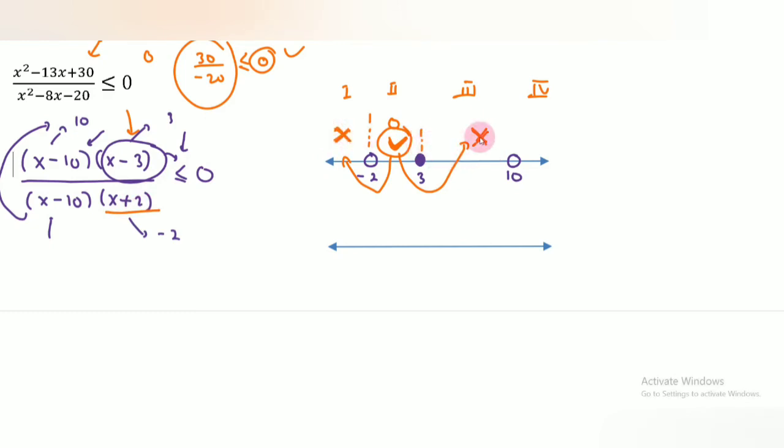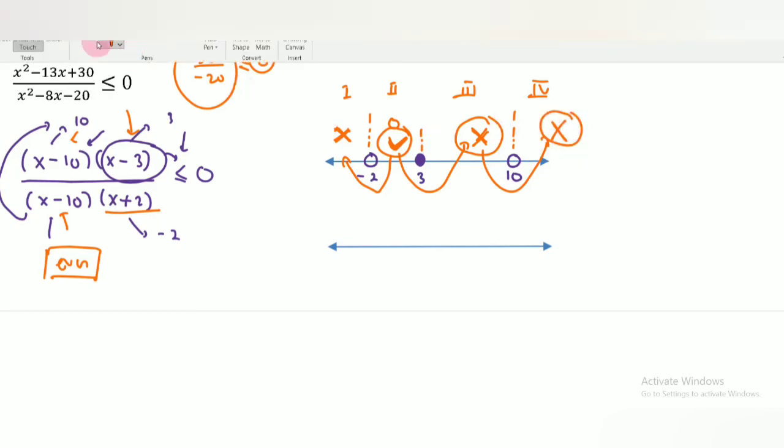If I'm moving from the third area to the fourth area, I'm passing the zero 10, but it comes from two factors. Since it is an even number of factors, it stays the same.